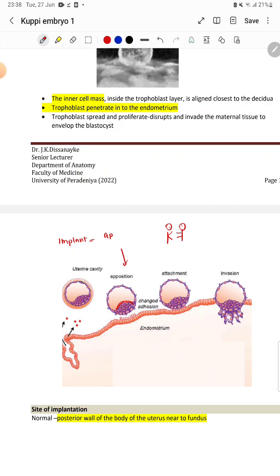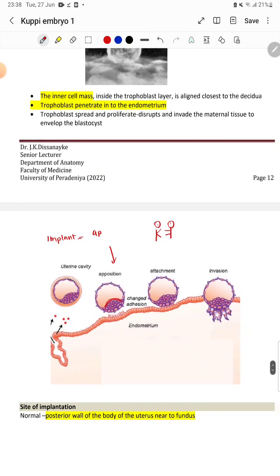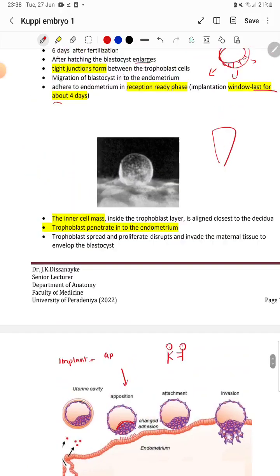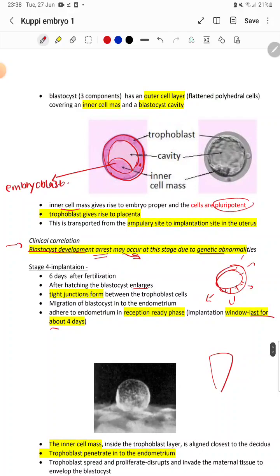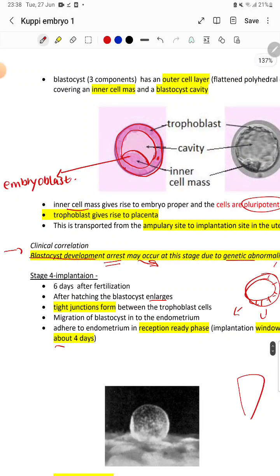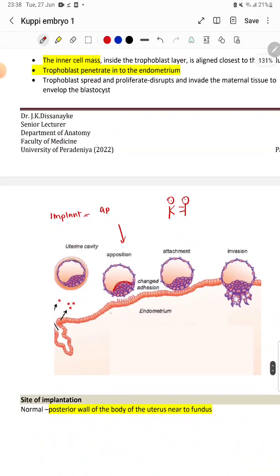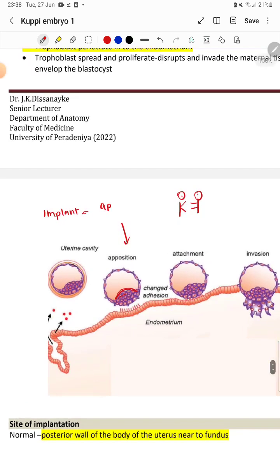Or else it's a bit awkward. And this is similar to how the inner cell mass is aligned. So the inner cell mass, like I forgot to mention, is going to be the part over here, right? So this is going to be the inner cell mass. Oh yeah, the embryoblast. So this point will be aligned facing the endometrium. So it's like they're hugging each other, and so it has to align, and that's why it's known as apposition. And then it attaches, so the receptor situation happens, and then invasion happens.